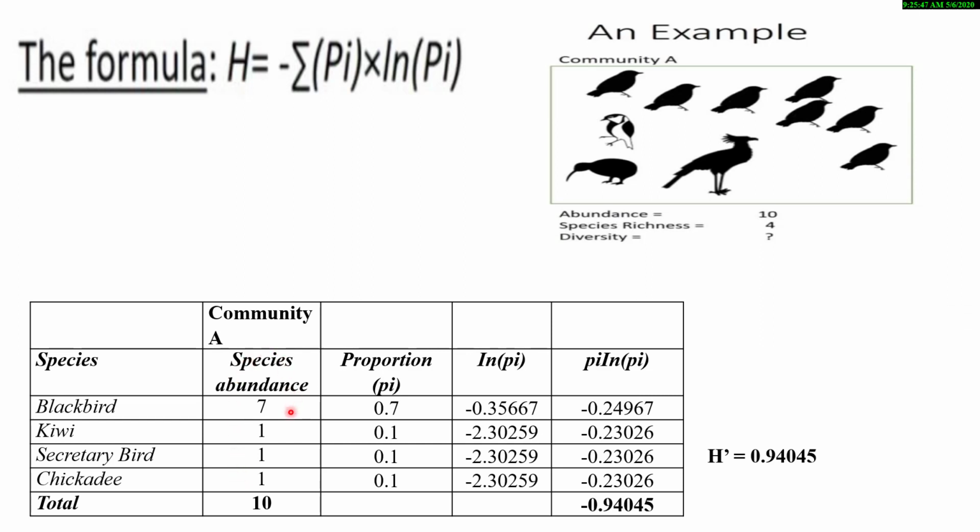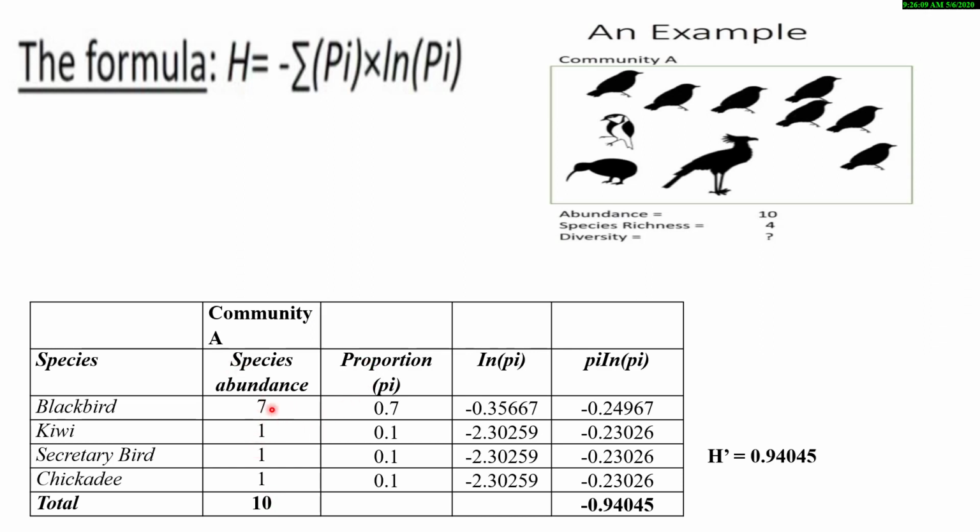So what is the abundance? You just have to add these: 7 plus 1 plus 1 plus 1 is 10. So the abundance is 10. Now, what is the proportion of blackbird in the community?